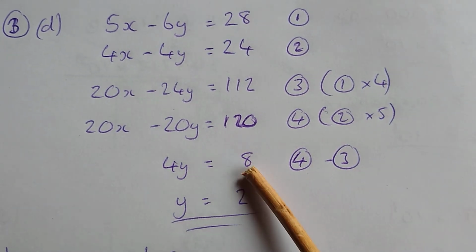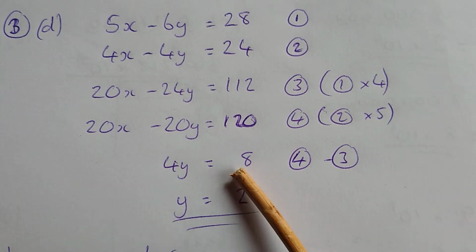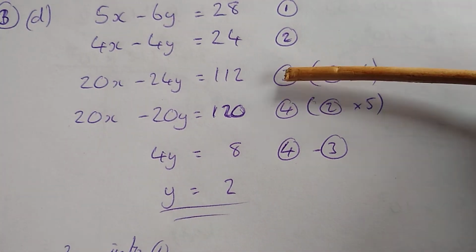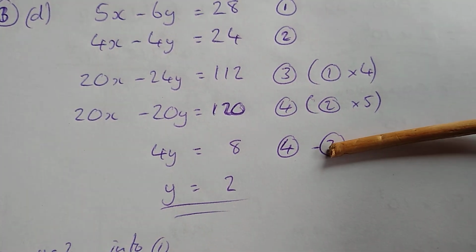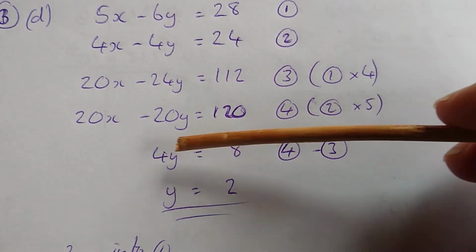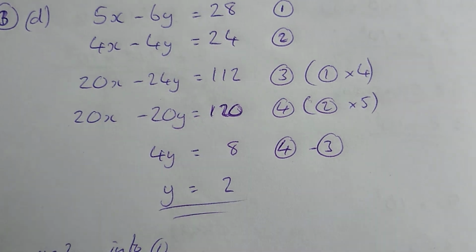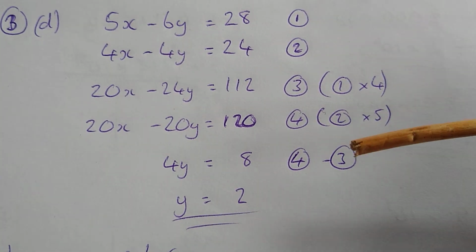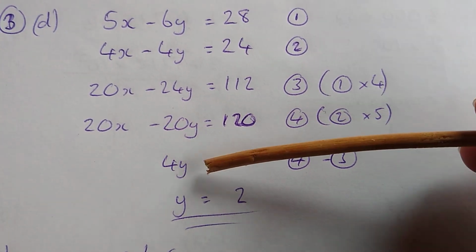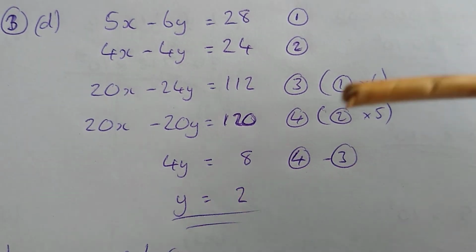So 4y equals 8, and divide both sides by 4, y equals 2. Right, if at this line here you've done equation 3 minus equation 4, that will still work. Just I'm trying to avoid getting negative signs in because quite often that's where trouble arises from. So if you'd done 3 minus 4 instead, you'd get minus 4y equals minus 8, which would still give y equals 2.